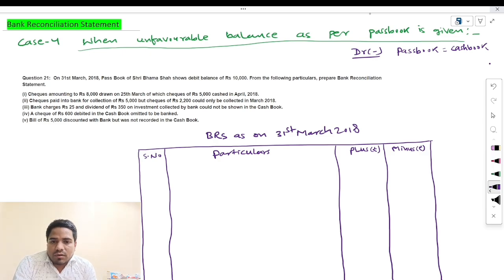Okay, see here. On 31st March 2018, the passbook of Shri Bhana Shah showed a debit balance of rupees 10,000. Debit balance of passbook means minus balance. First of all, we will write here unfavorable balance or debit balance as per passbook.